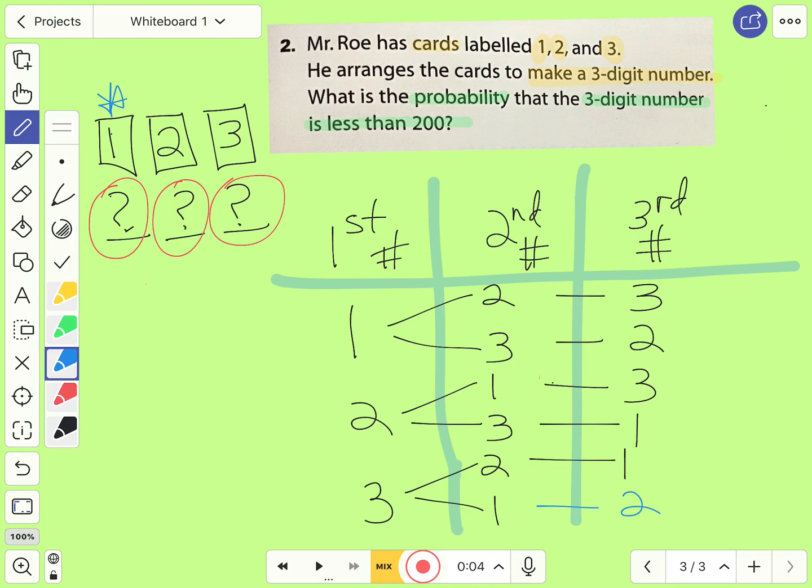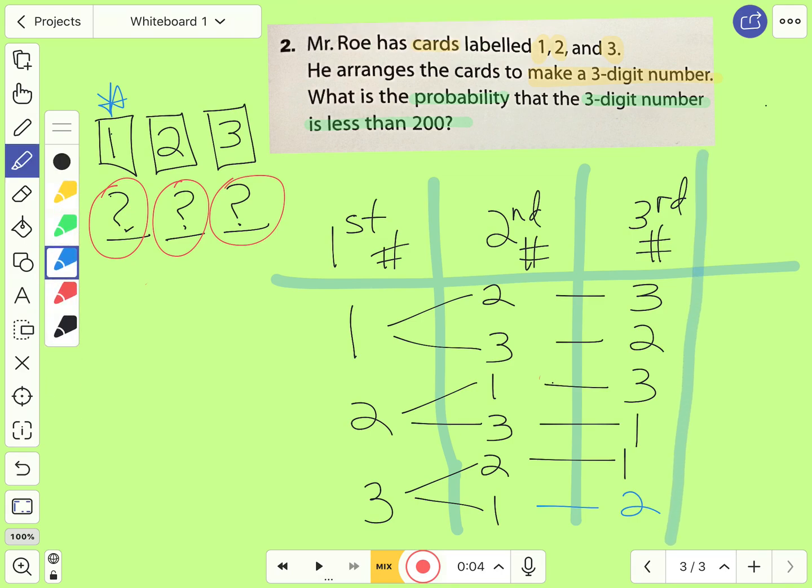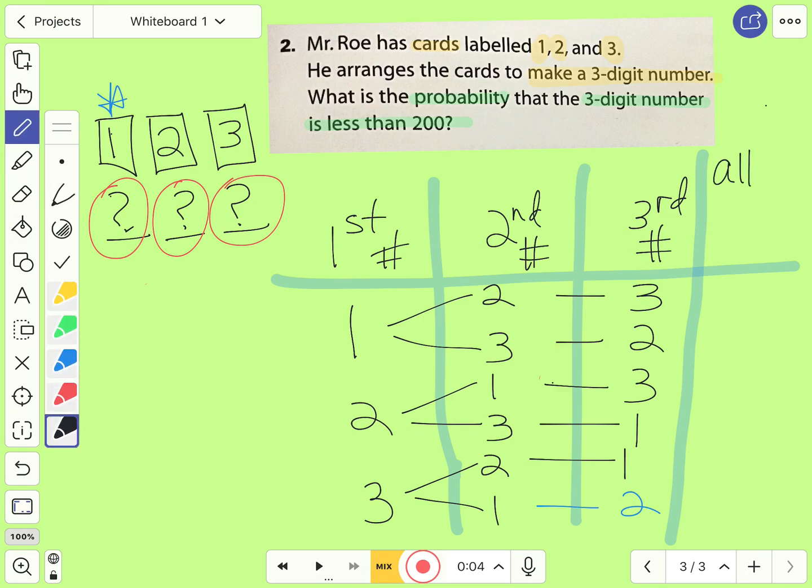Okay, so now we're ready for our final combinations. So we'll call this column, well, they're not combinations. What would we call them instead?